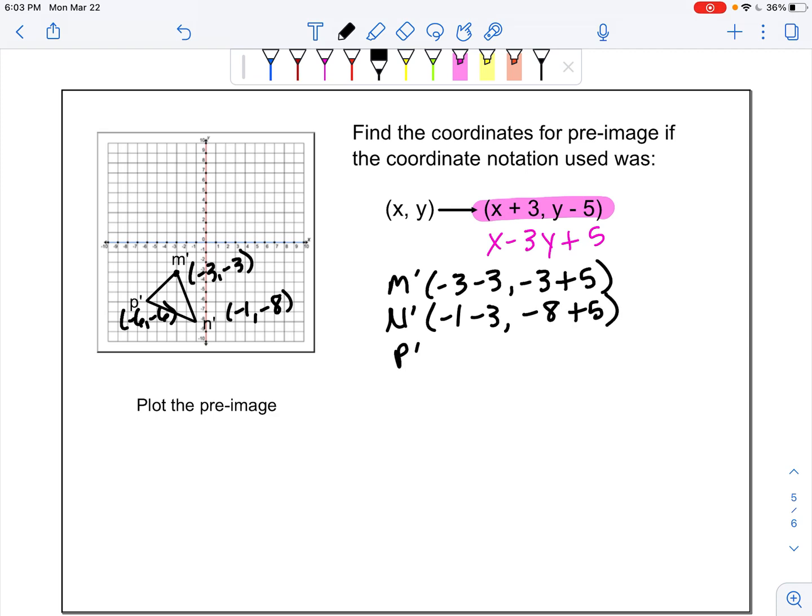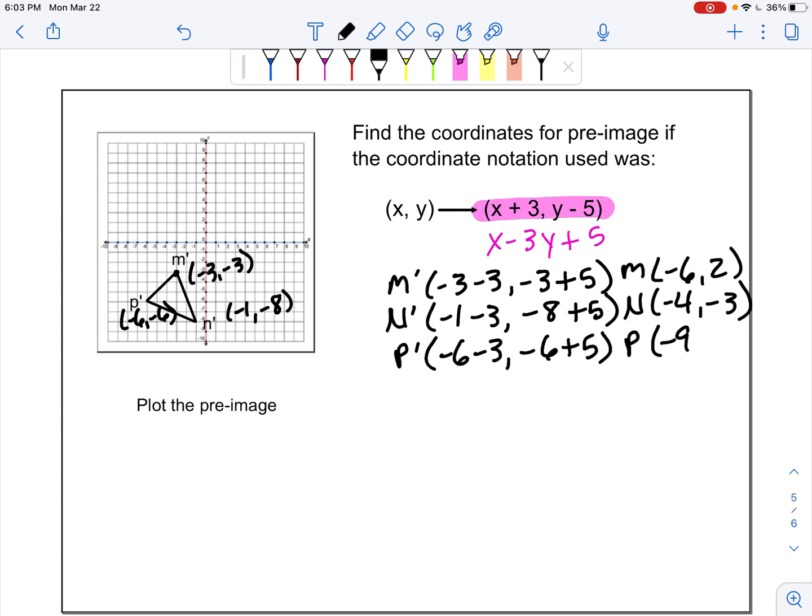And then P prime, I'm going to take -6 and subtract 3 and -6 and add 5. So let's see what we have. M is going to be -6, 2. N is going to be -4, -3. And P is going to be -9, -1.